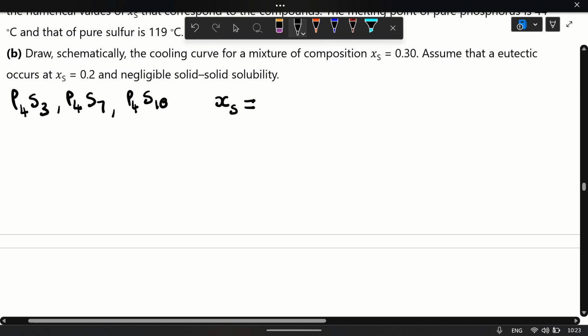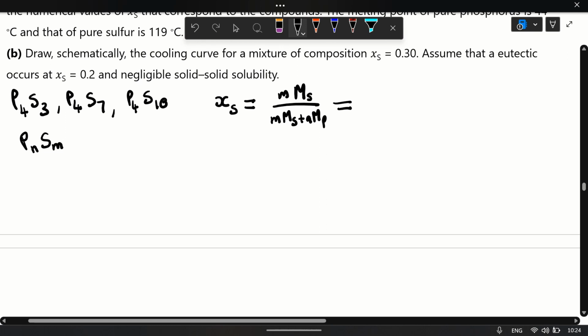If we write a general formula such as PNSM, where P is the N number and S is the M number, then it is M times the molar mass of sulfur divided by M times the molar mass of sulfur plus N times the molar mass of phosphorus, which gives us the mole fraction of sulfur in the compound.